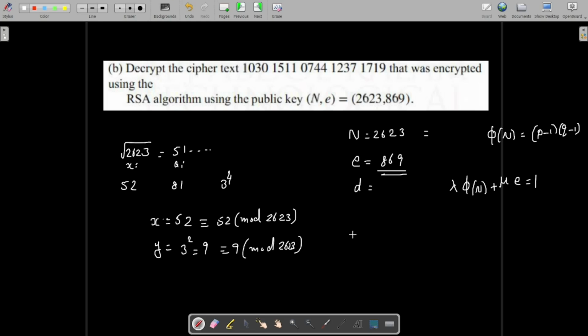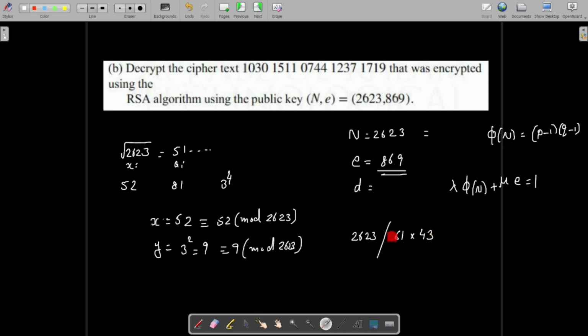So that means that 2623 divides (x plus y) into (x minus y), that is 52 plus 9, that is 61, into 52 minus 9, that is 43. So these are the prime factors of 2623 using the Fermat-Kraitchik algorithm.